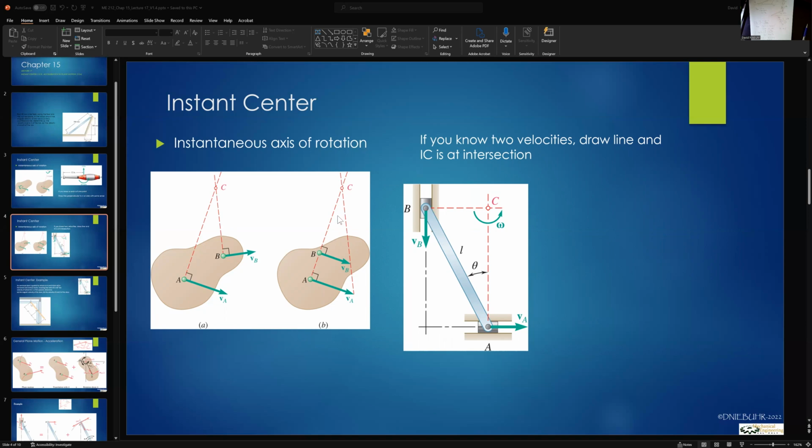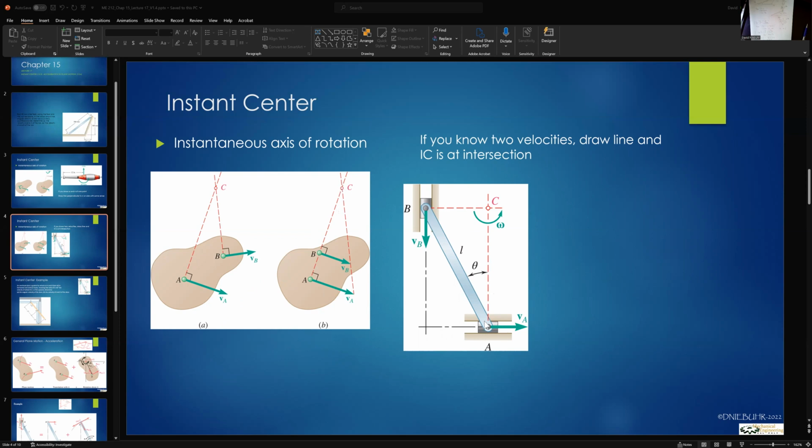Or in this case, the two vectors may be pointing the same direction, but because one is bigger than the other in magnitude, this thing's also going to be translating and rotating, because the larger velocity vector means it's going to want to rotate counterclockwise. So again, we can find the instant center.